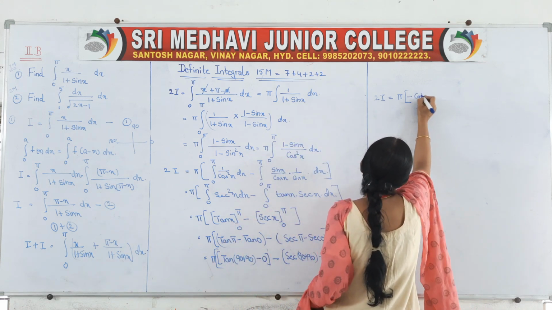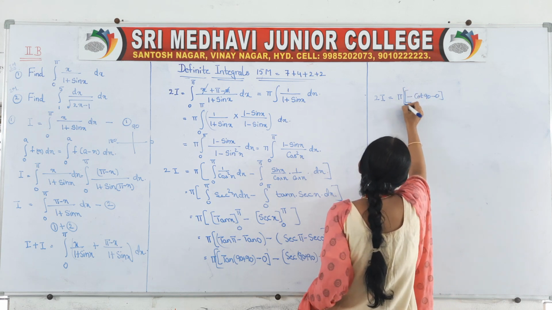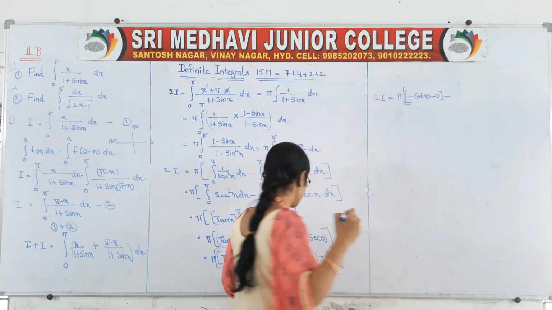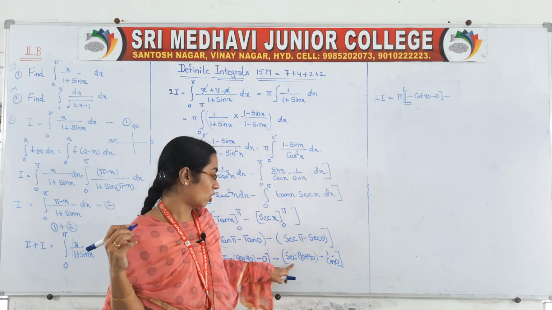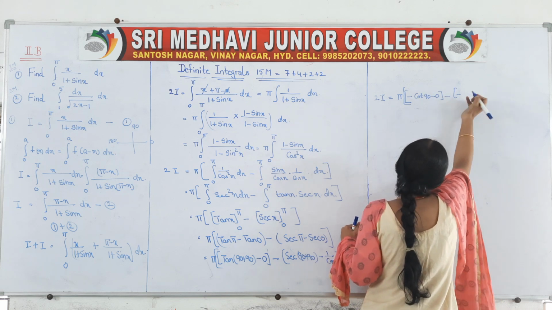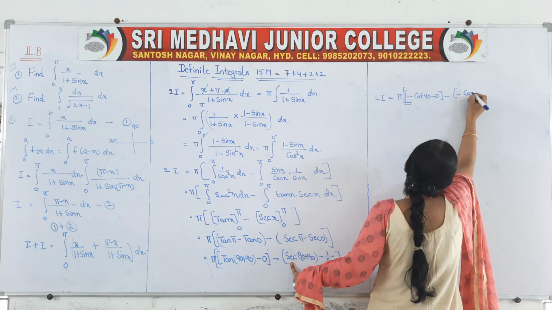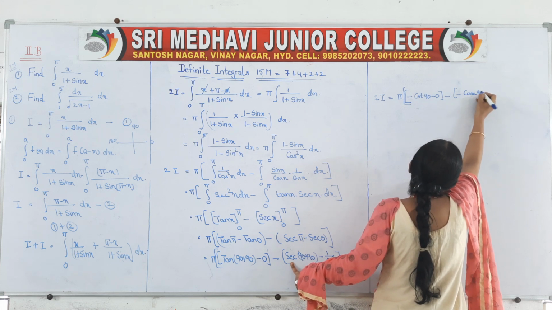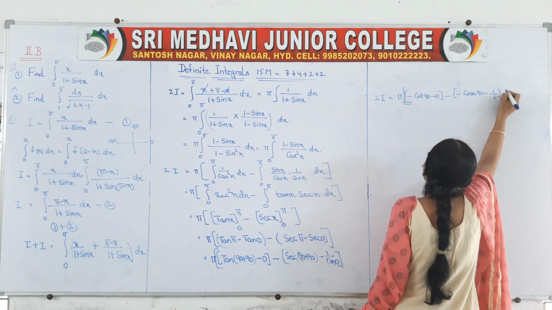So it is cot 90 minus 0. Similarly, minus, same thing, 90 plus theta, second quadrant, secant is negative, and it changes the ratio, secant changes to cosecant 90, minus 1 by cos 0, which is 1.